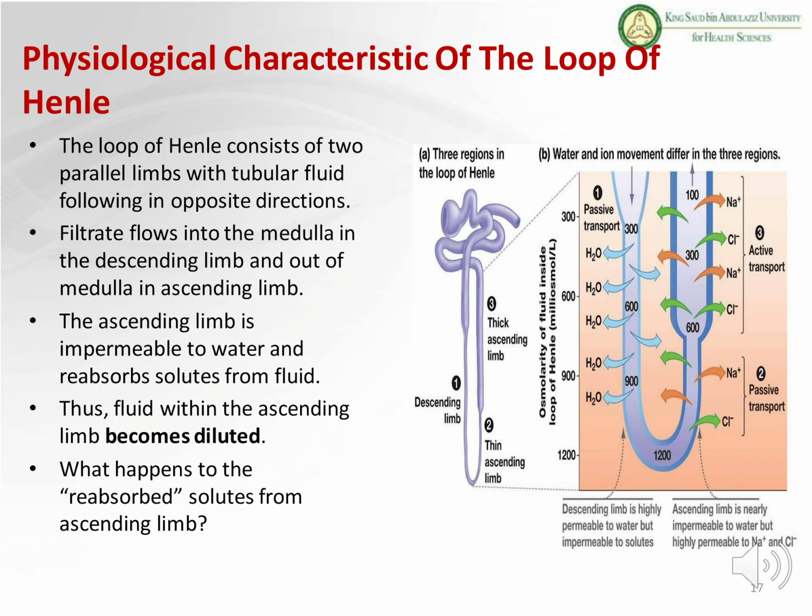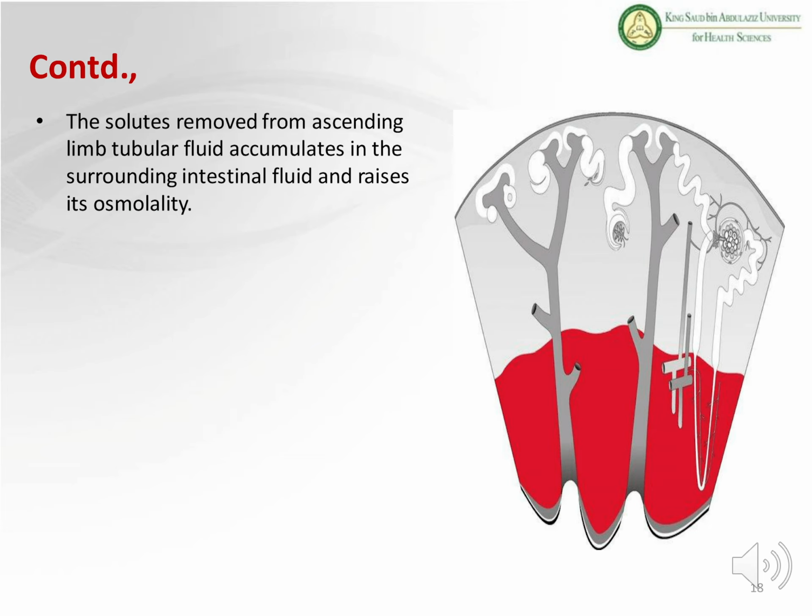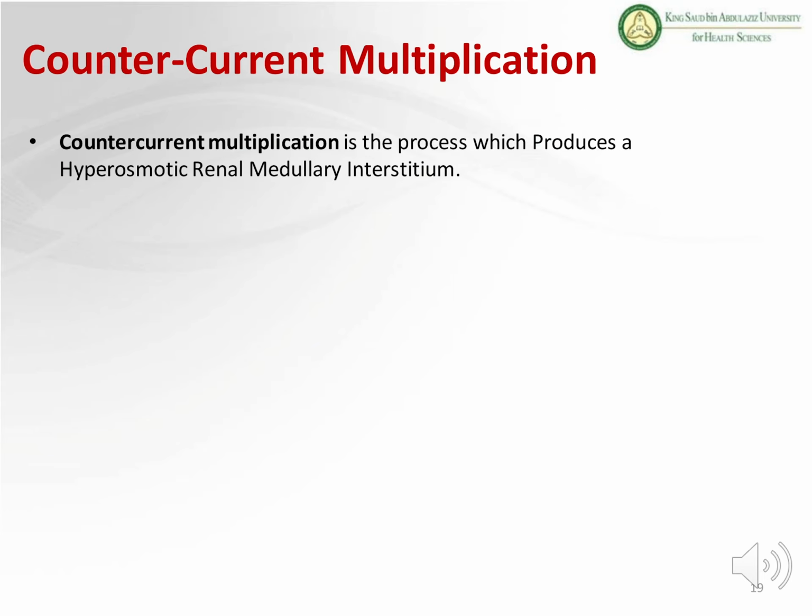The ascending limb is impermeable to water and reabsorbs solute from the fluid. That will cause the fluid within the ascending limb to become diluted. The solute removed from the ascending limb tubular fluid accumulates in the surrounding interstitial fluid and raises the osmolarity. So here the osmolarity is high.